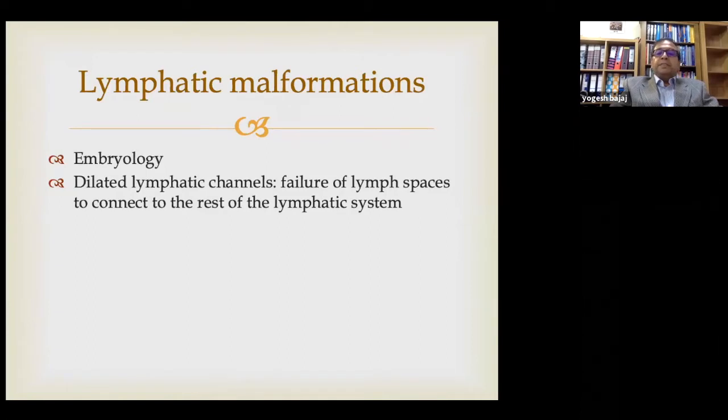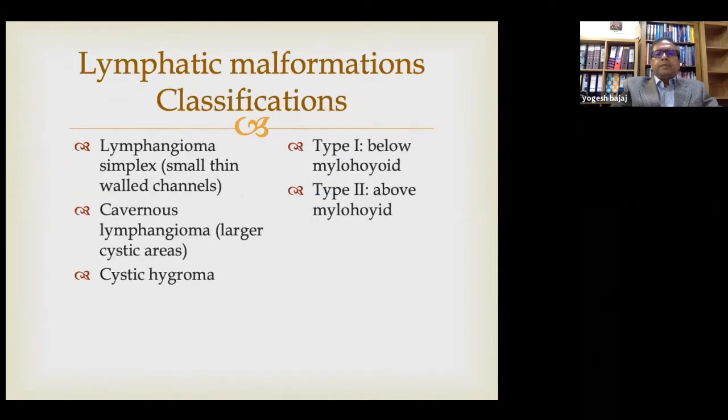They are dilated lymph channels which are somehow not connected to the lymphatic system. Various classifications, just to keep it simple: type 1s are below the mylohyoid and type 2s are above the mylohyoid. Various terms are used, cystic hygromas being the most common one.